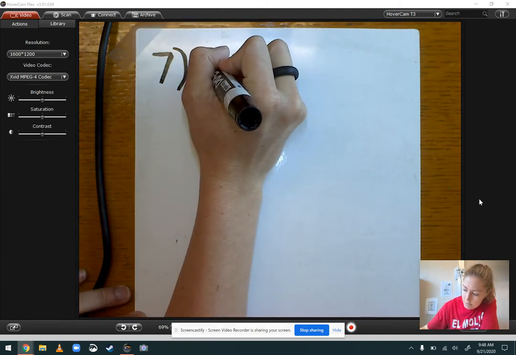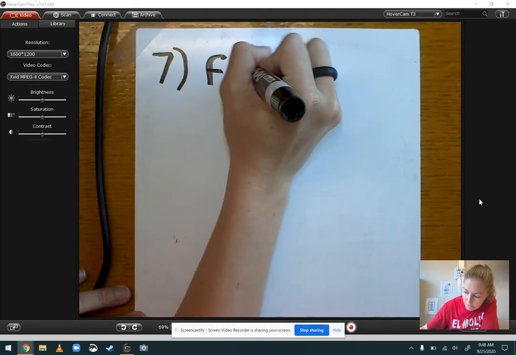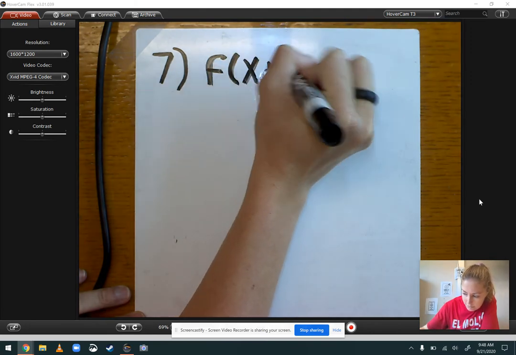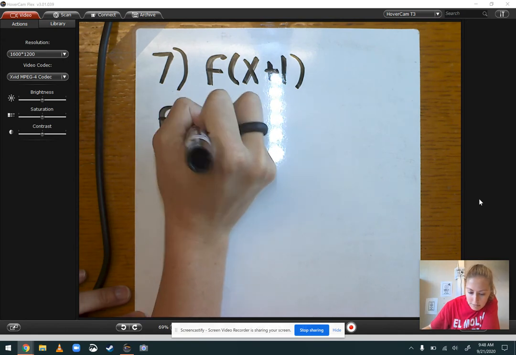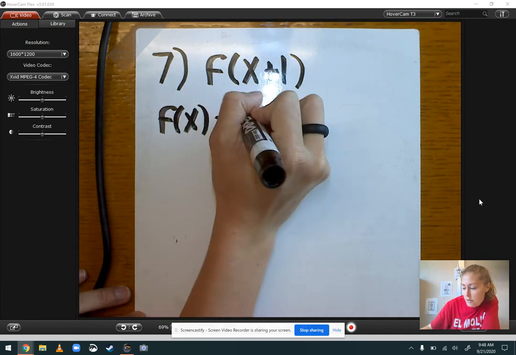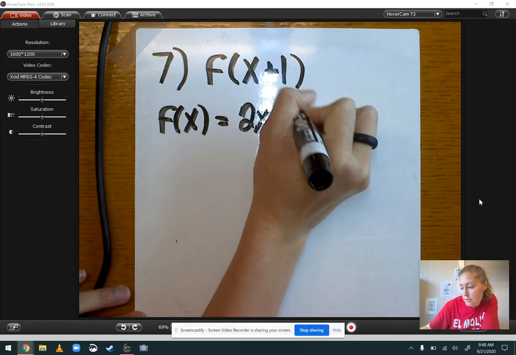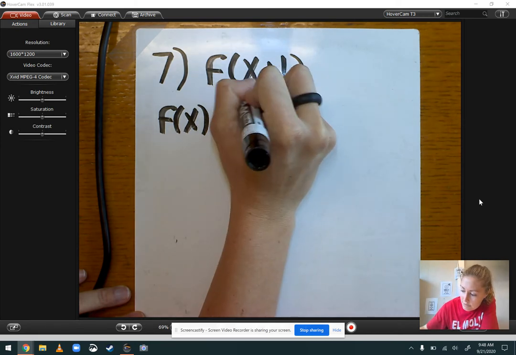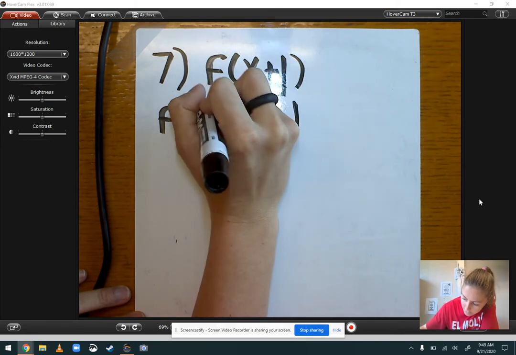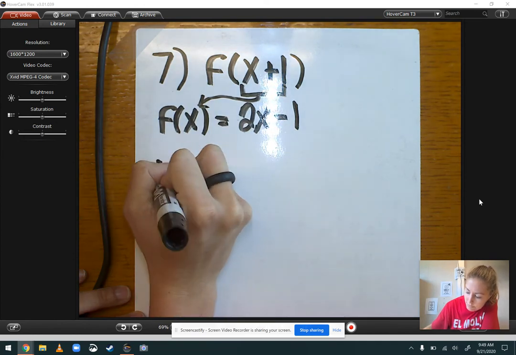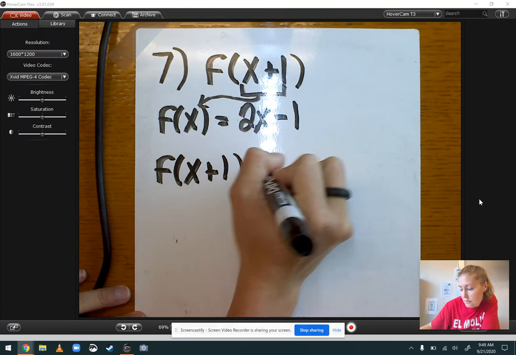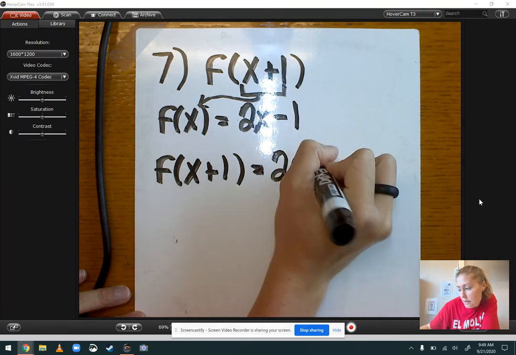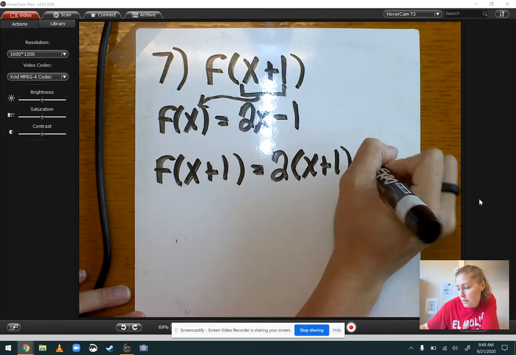Page 7, we have f of x plus 1. Our f of x was 2x minus 1. So now we're going to take x plus 1 and plug that in for x. So f of x plus 1 is equal to 2 times x plus 1 minus 1.